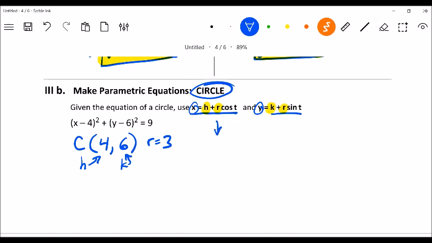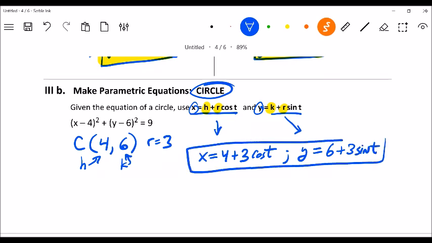So for this one, x is equal to h, which is 4, plus the radius of 3 cosine t, and y is equal to 6 plus 3 sine t. That's all it is. You simply plug in the 4 and 3 and the 6 and 3. So here you have to know or be given the formulas for it.